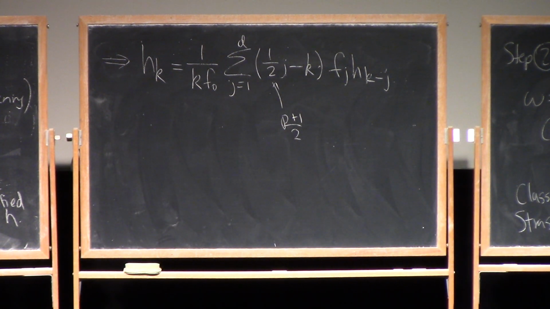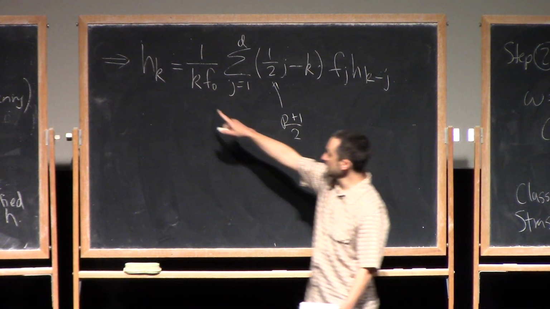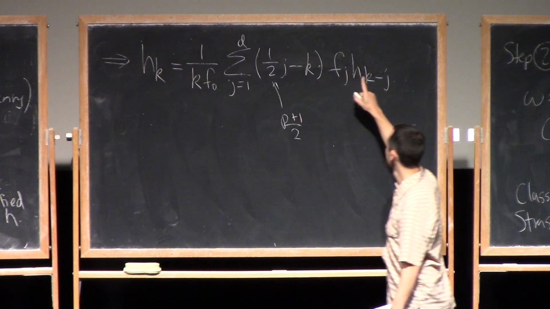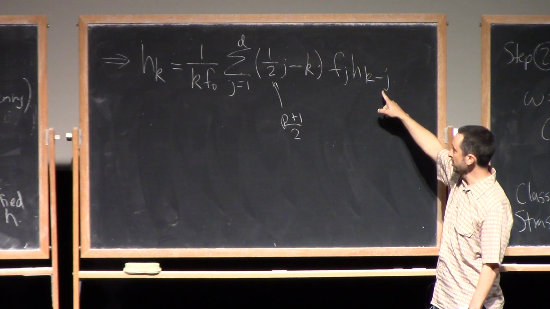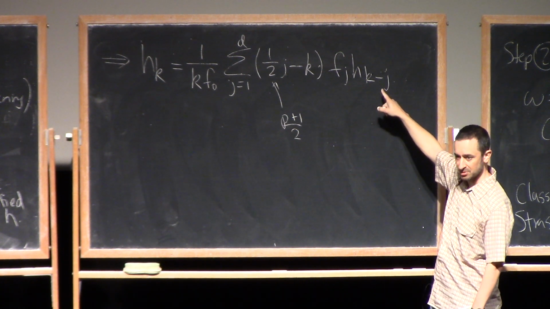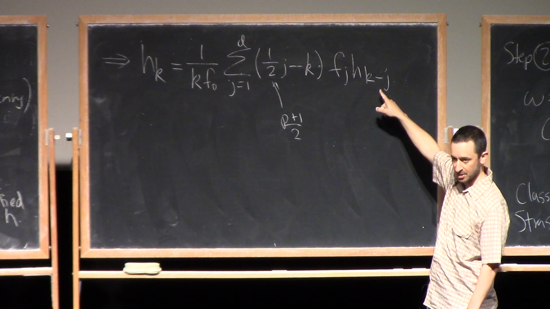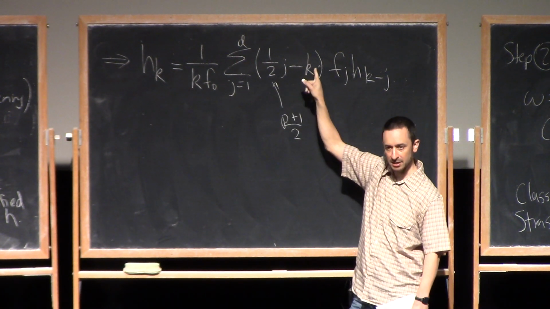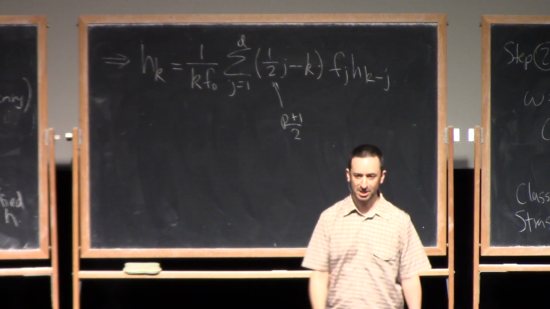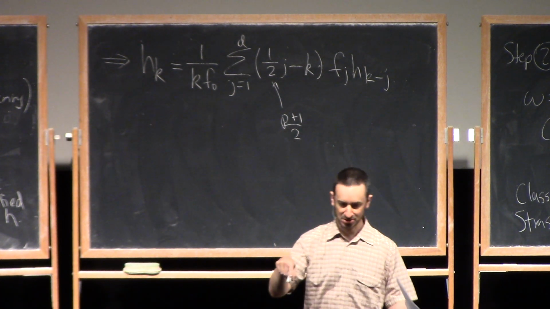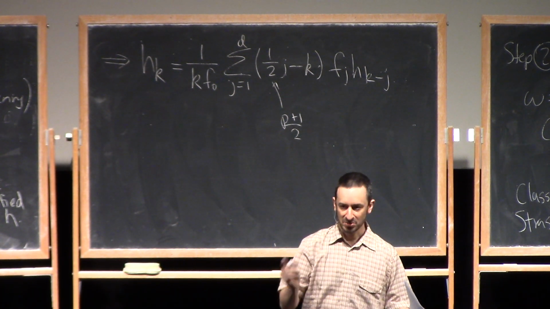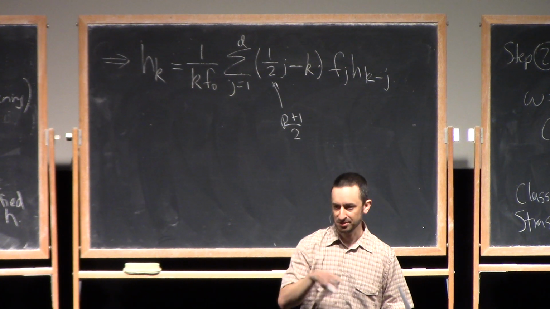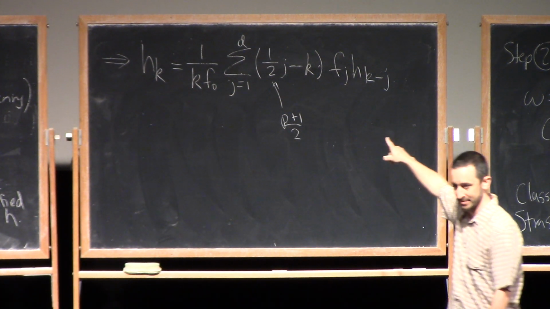So what this formula is doing is it's expressing hk as a linear combination of the previous d values, the previous d coefficients. But the coefficients here actually depend on k. So it's a bit like, you know, the Fibonacci sequence, right, where each one is a sum of the previous two, but there the coefficients are constant. Here the coefficients depend on k.